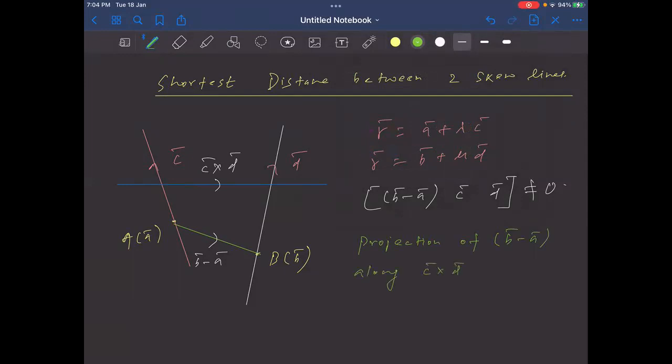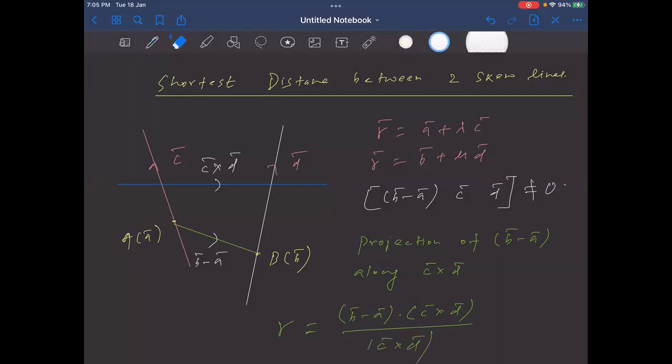C cross D. That would be the shortest distance. Let's say that is R. So that will be B minus A dot C cross D by mod C cross D. Correct? होगा ये बोलो. Will it be the shortest distance between these two lines? Say yes or no.